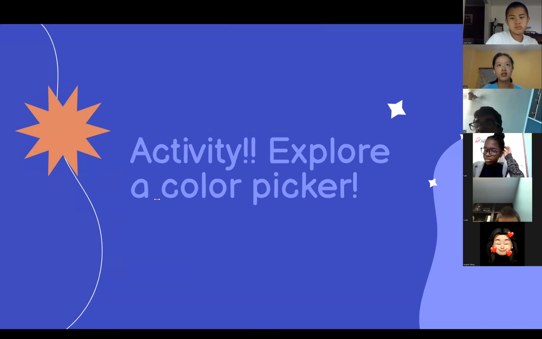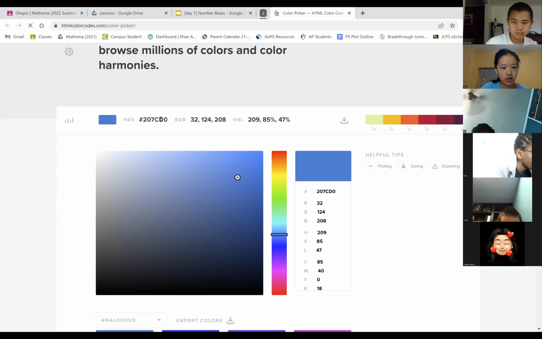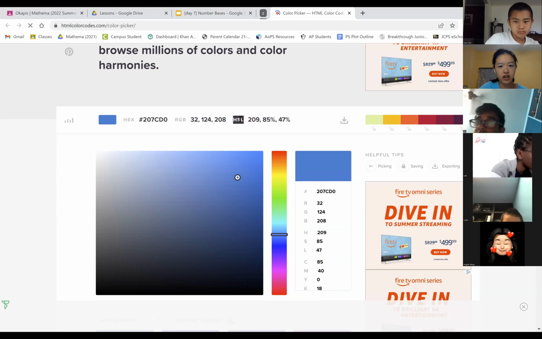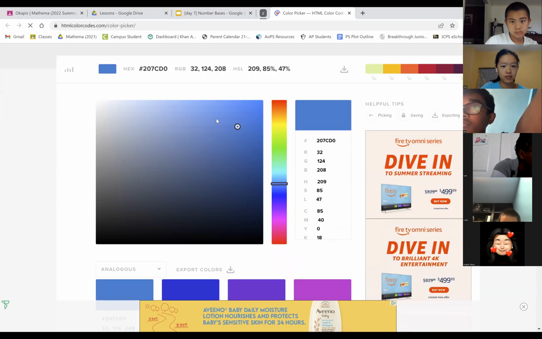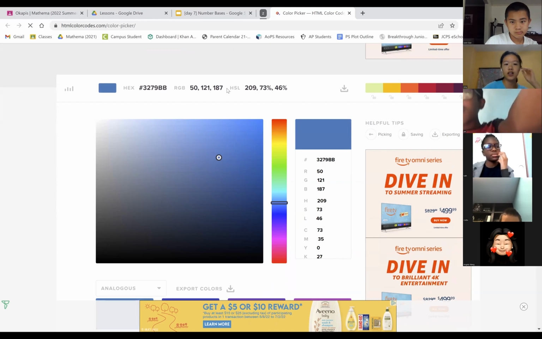It lets you see the different values of the color that you're going to choose. Here it shows the hexadecimal value, and here it shows the RGB value. There's another thing called HSL, which stands for hue, saturation, lightness. That's another color system. I personally find it a little confusing, so I like RGB and hex.